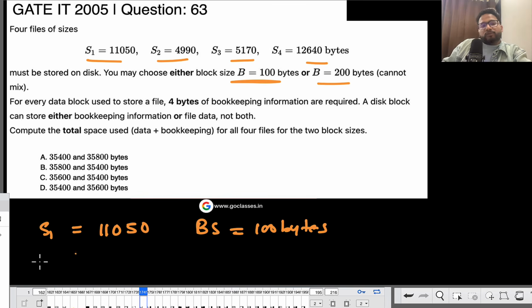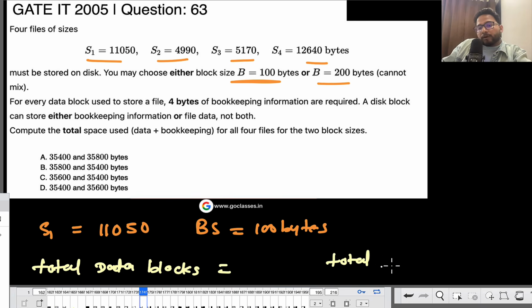So two things you need to know: the total data blocks, and another thing you need to calculate is the total bookkeeping blocks, and then you can sum both. So how many total data blocks will you be using?